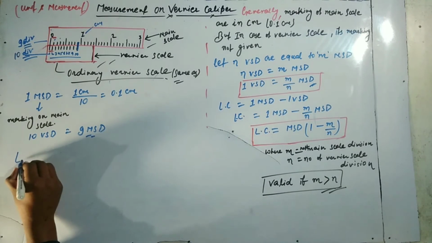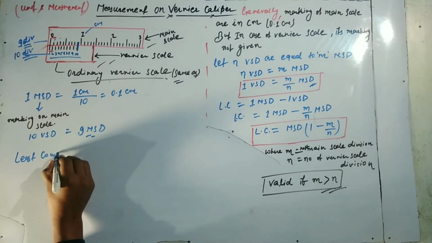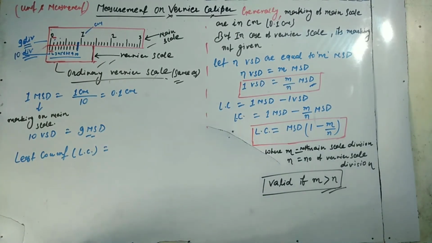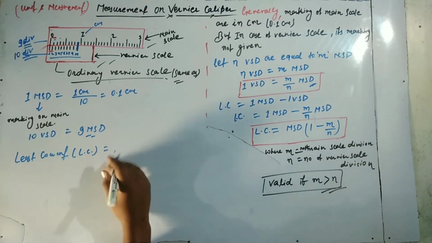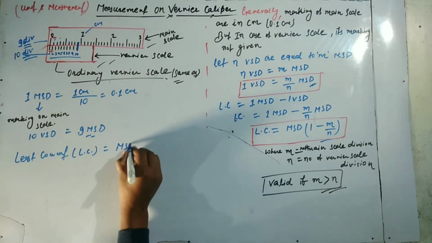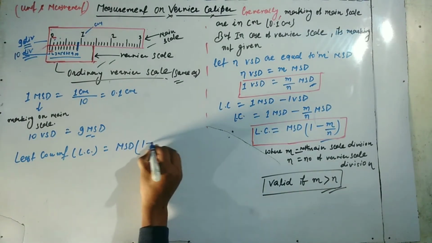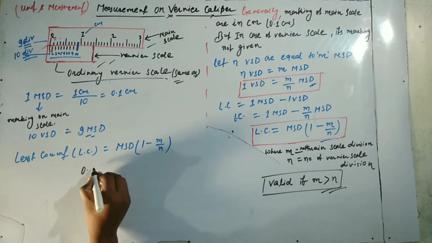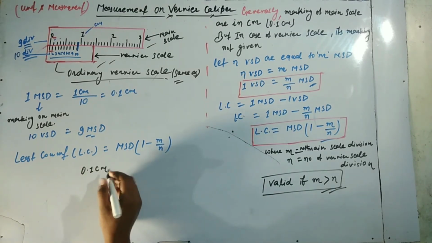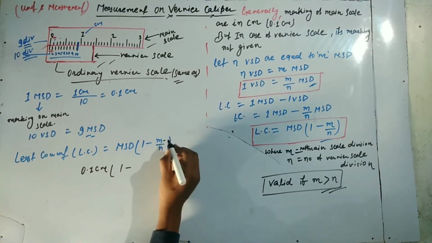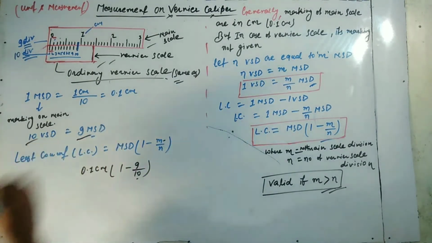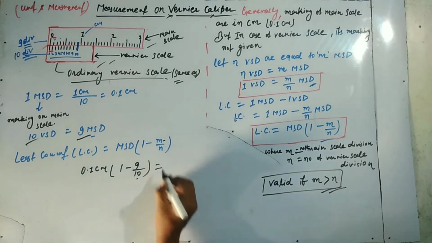So the least count relation is MSD into 1 minus M by N. We put the values of MSD, M and N. So least count is equal to 0.1 cm into 1 minus 9 by 10.